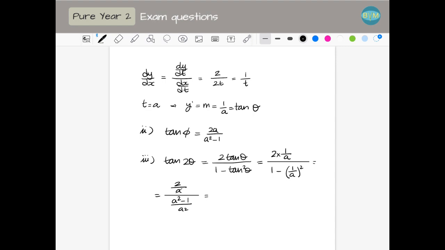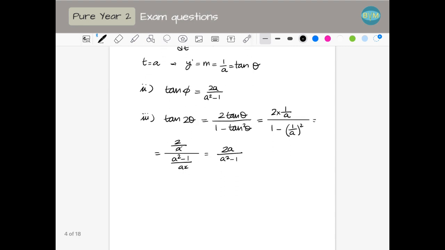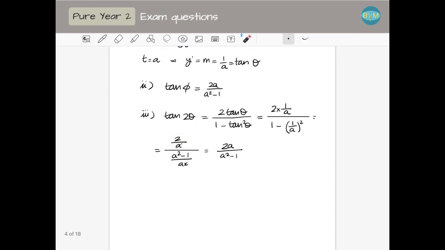Just dividing this fraction by this fraction: when I divide fractions, I multiply this by this and it goes to the top, this by this goes to the bottom, and I cancel the a's.